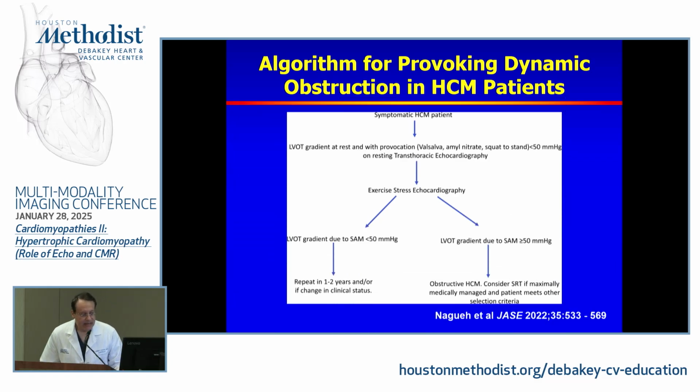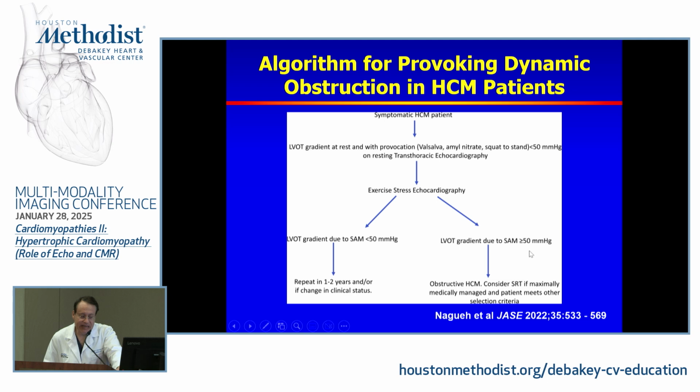And so that's a recommended algorithm on how to approach cases to look for provocable obstruction. It all starts with symptomatic patients. So they have to have symptoms, and then we look for gradient at rest and with provocation. On the resting echocardiogram, if we do not get the magic number of 50 millimeters mercury, we refer them to exercise stress echo.